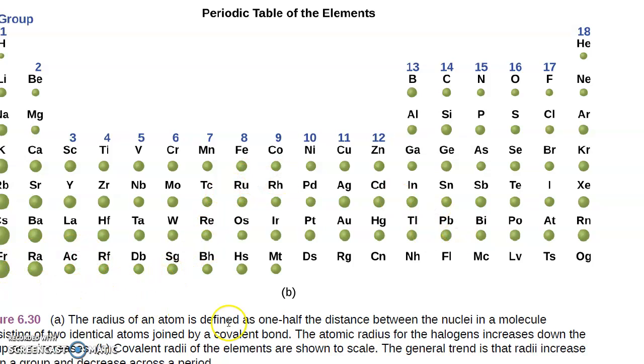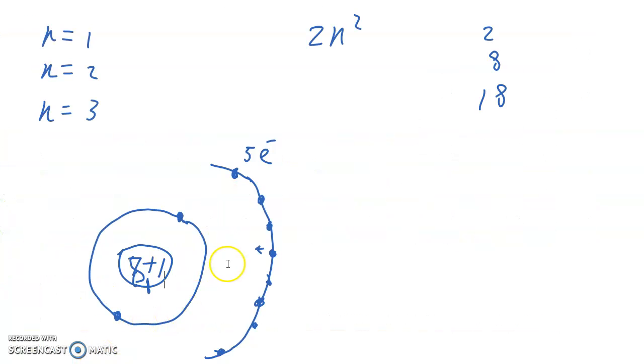Now, what happens if we have 10 electrons and we add another one? Because we have already reached the limit for n equals 2, I cannot add to this principal energy level. The next principal energy level will be over here if I have to add one. If I go to the new level, look at the radius, it's much bigger.